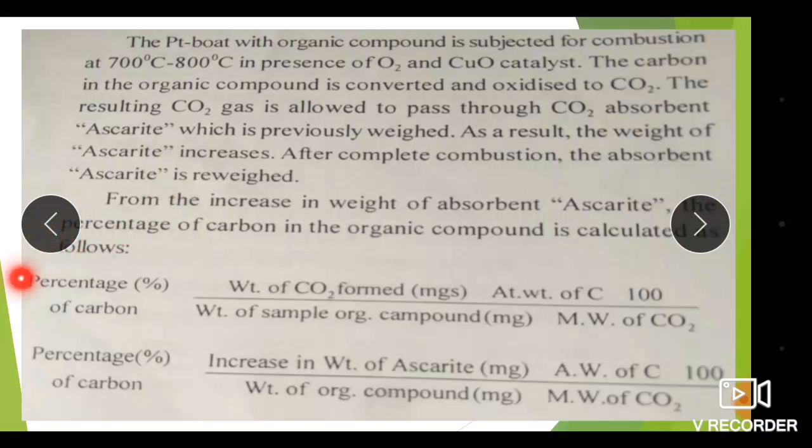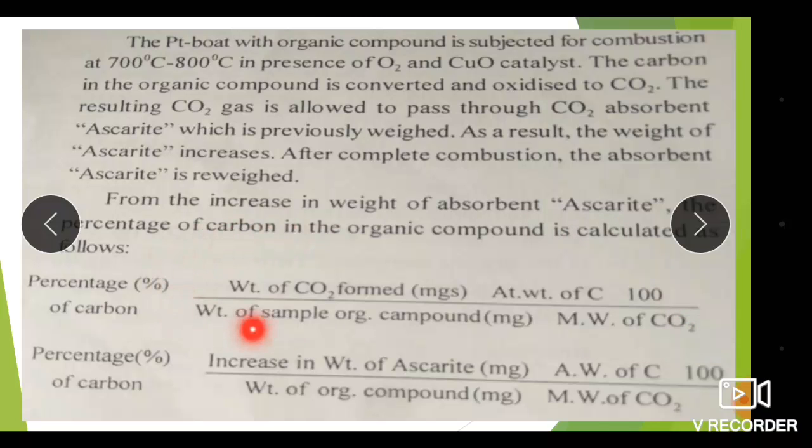the formula: the percentage of carbon is equal to the weight of CO2 formed in milligrams, multiplied by the atomic weight of carbon, into 100, divided by the weight of the sample of organic compound in milligrams, multiplied by the molecular weight of CO2.